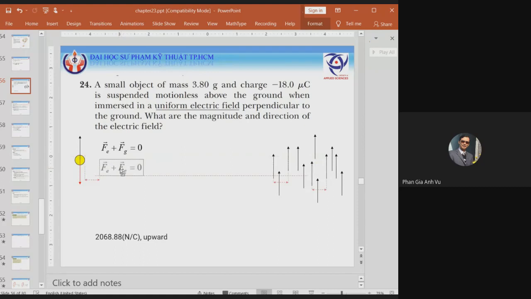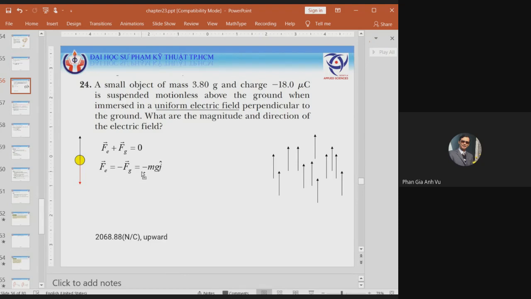Then I can come to the result that Fe is minus Fg, or minus mgj when I take the y coordinate upwards, right?